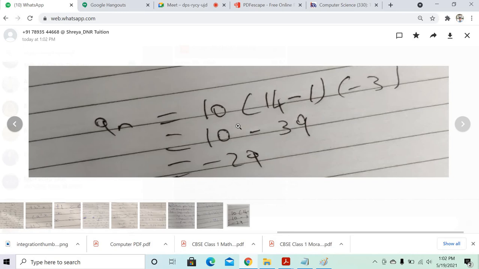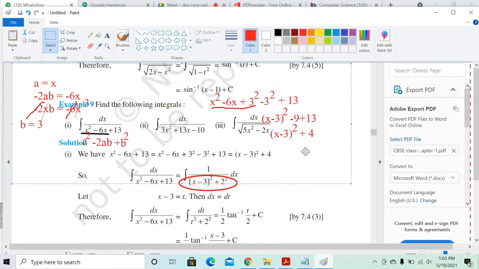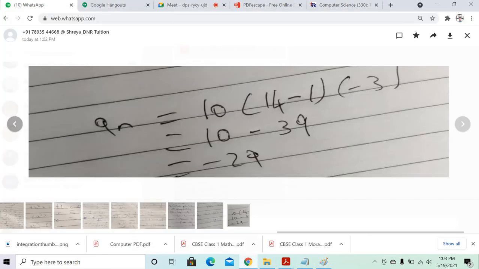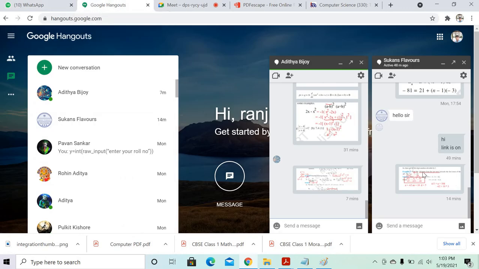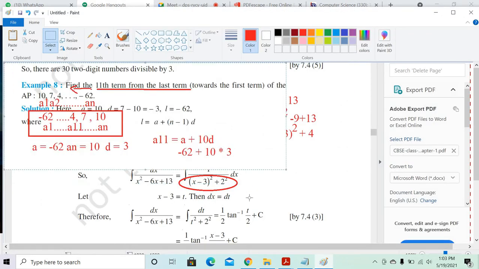The formula is wrong, Shreya. An is equal to a plus n minus 1 d, no? The formula is wrong. a plus n minus 1 d. And the common difference also went wrong for you. The common difference is 3. I showed you, right? 3. Oh yeah, the common difference should be 3. See, I just sent you the A11 is equal to.